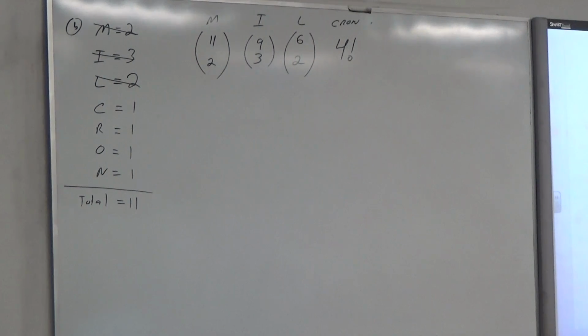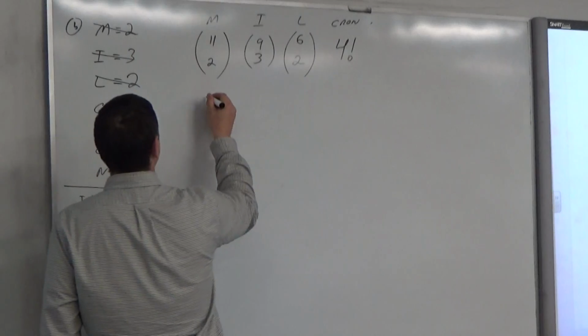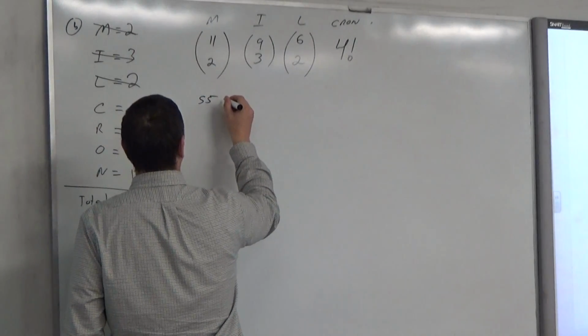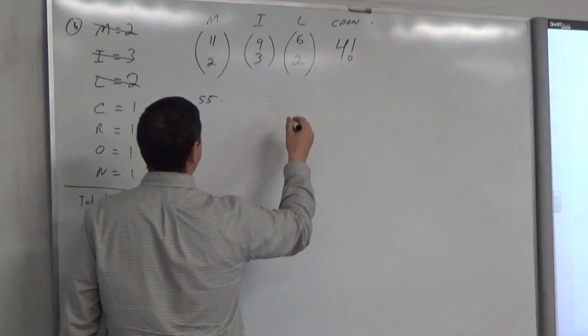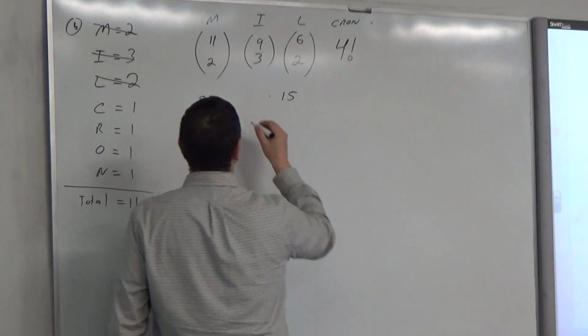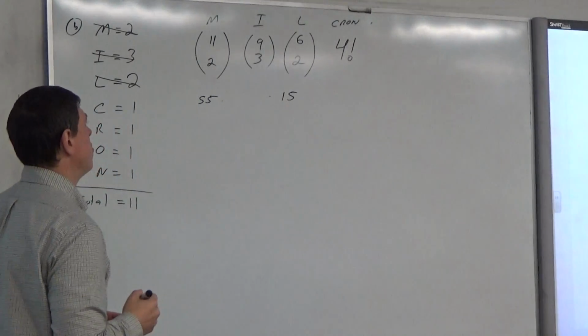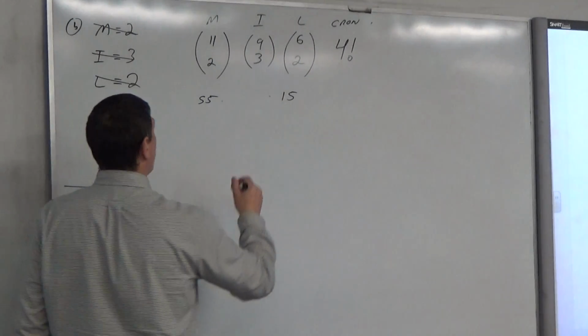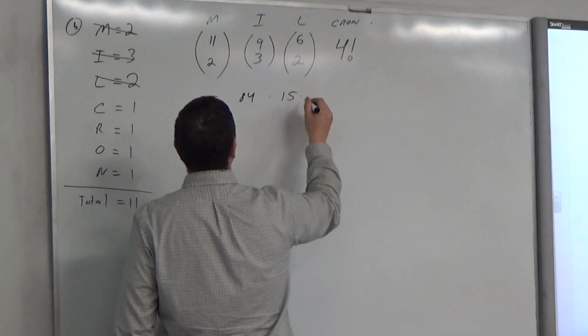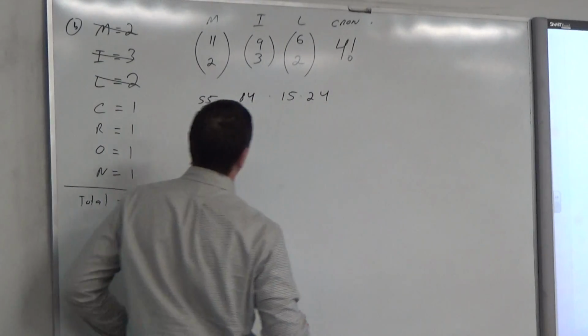Is that good with everybody, guys? Any questions? Now it's just punching the buttons. The rest of it's easy. 11 choose 2 should be 55. 6 choose 2 should be 15. 9 choose 3 is 84. That's right, we did that one. And then 4 factorial is 24.